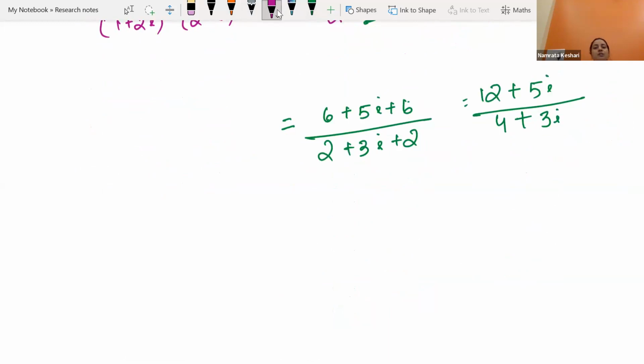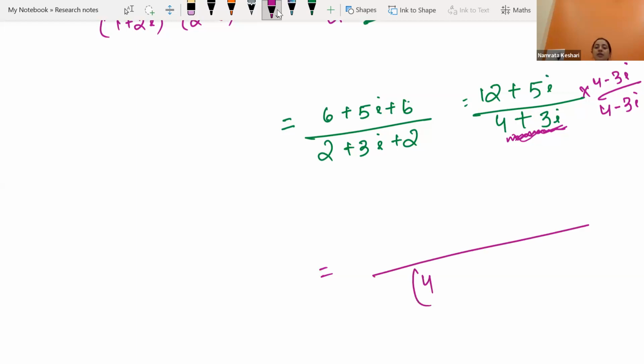This 4 plus 3i, this one, we can multiply with 4 minus 3i in the numerator and denominator. Okay, to create a standard form of complex number, for that we need to remove this i from the denominator. That's why we are applying this approach. So we will be having 4 plus 3i times 4 minus 3i, that means a square minus b square. In numerator, we'll be having 12 plus 5i multiplied with 4 minus 3i.